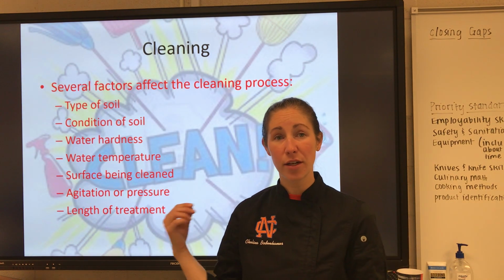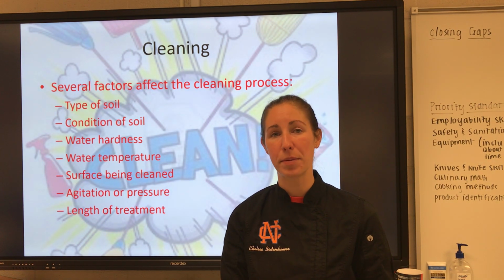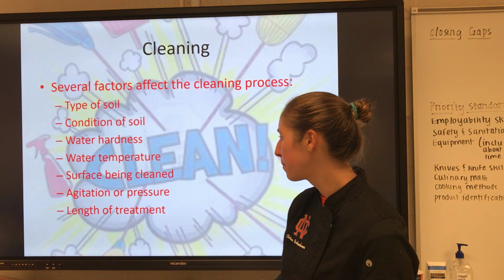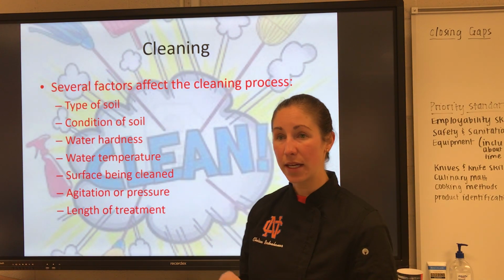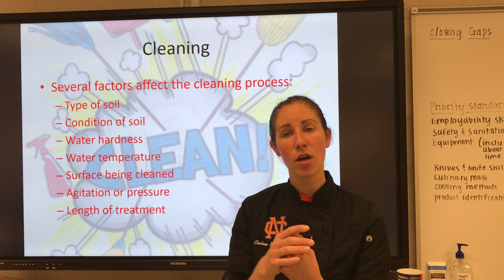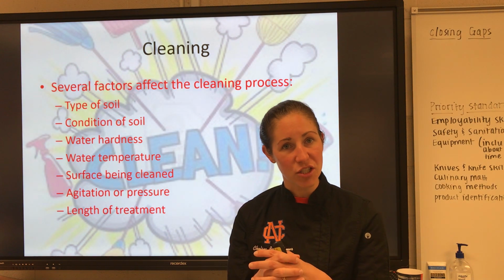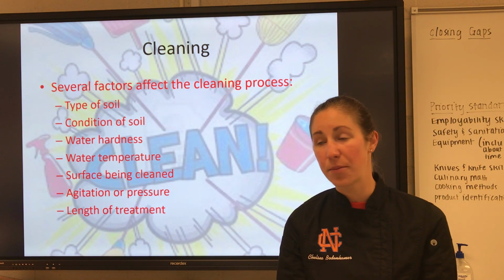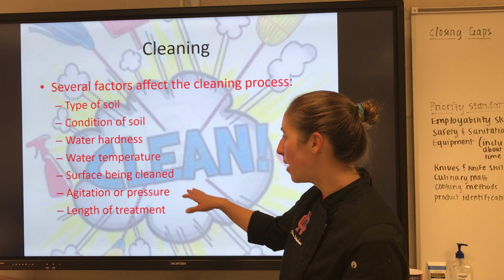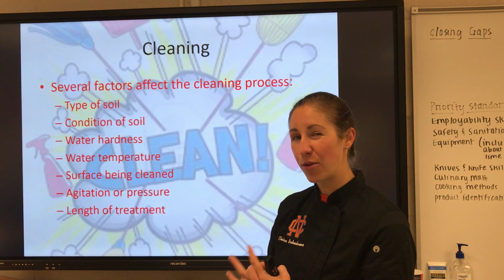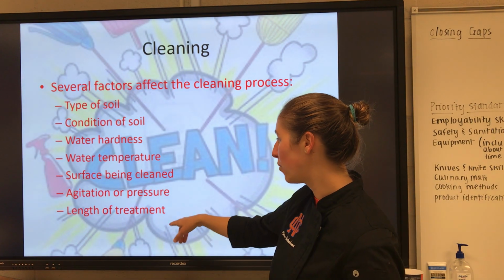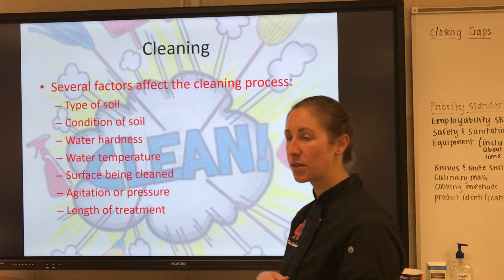By water temperature, if your water is not hot, it's probably not gonna clean your dishes, point blank. The surface being cleaned, is the surface smooth, or does it have a whole lot of ridges in it? If it's got a lot of ridges in it, it's gonna be more difficult to clean. Agitation or pressure, we'll look about that in a little bit more in Culinary 1, and then the length of treatment, also Culinary 1.